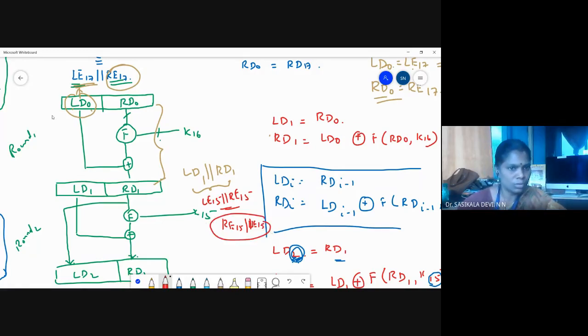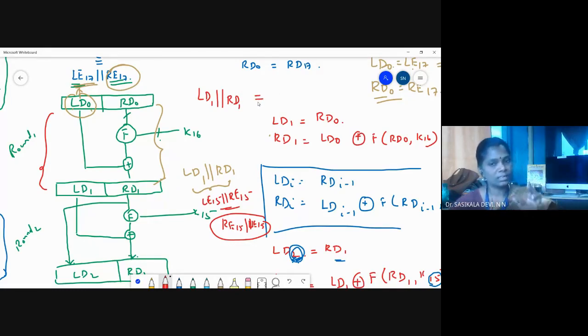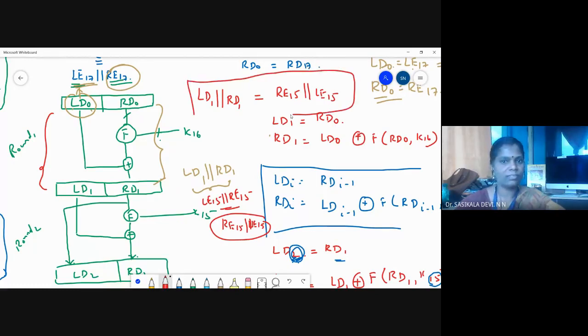So this round output LD1 added with RD1 should be equal to the 16th round encryption input, but with the swap. RE15 added with LE15. This is an important proof for the Feistel structure. If you prove this, then definitely you can defend that this will work perfectly.